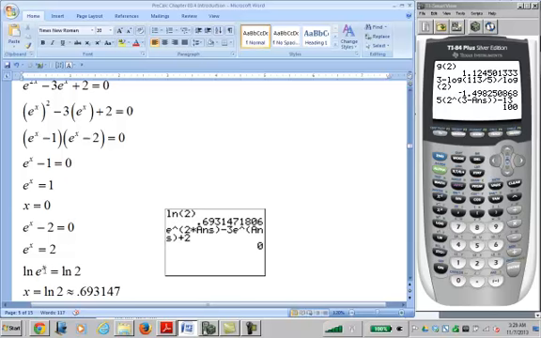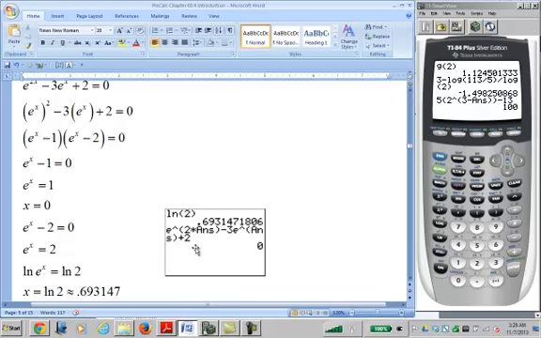So ln of e to the x equals ln of 2. x equals ln of 2. So this is log base e of e raised to the power of x. So that becomes x equals natural log of 2, which is 0.693147.